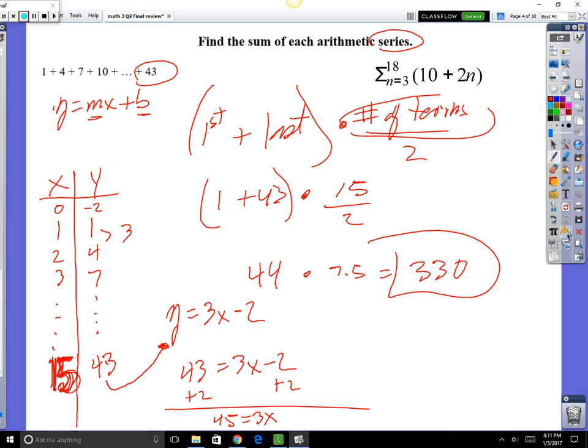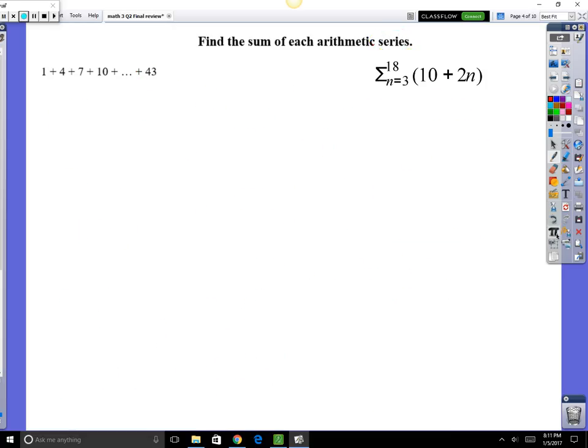Okay, the next one is kind of in sigma notation. So this one is totally different than this one. It gives you actually the mx plus b. So there's my formula. And they want you to start by plugging in 3 for n.